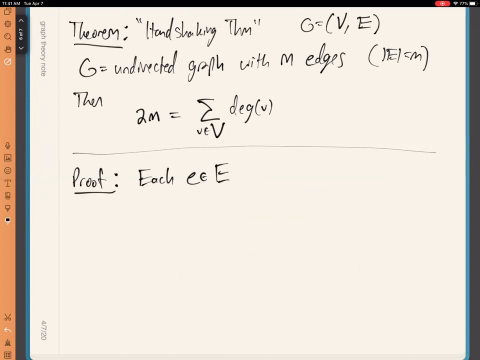There are 2 possibilities. Either there's some, say, V1 and V2 that E is connected to, or maybe E just happened to be a loop, which is allowed. So maybe E is a loop from a vertex to itself. Well, in both cases, it contributes 2 towards the total count of the degrees.